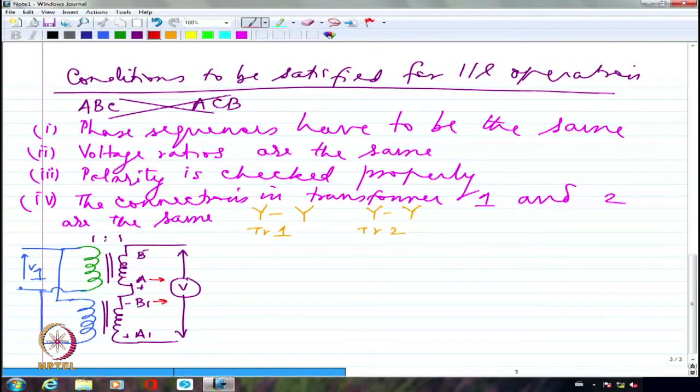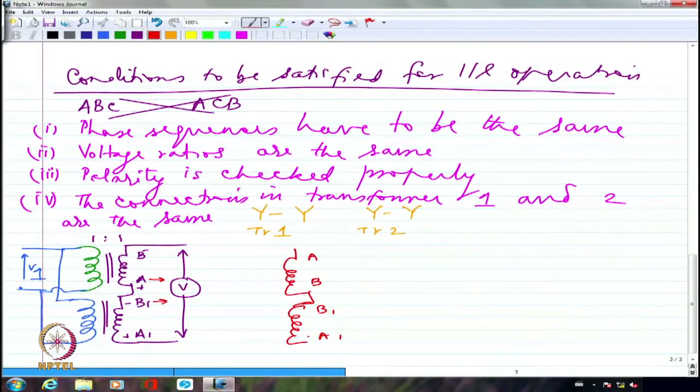So the polarity testing essentially tells you, by looking at the voltmeter reading, whether the polarity is of opposite nature, what you have tied together, or if you are going to get the voltmeter reading to be 0. If I had connected it the other way around, let us say this is one of my winding, this is the other winding. Let us say this is A, this is B, and this is B, this is A. And I had connected these two together.